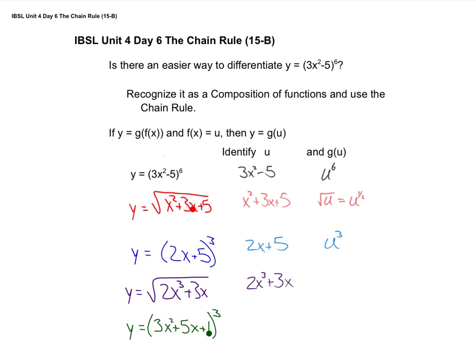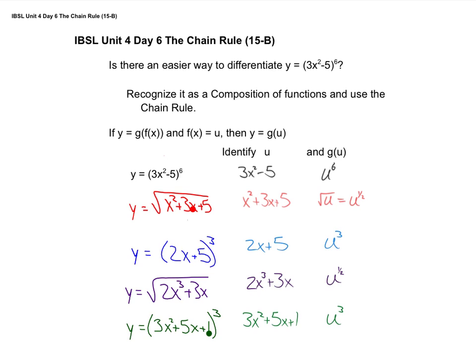And our g of u? U to the 1/2, square root of u. Good. And then we have this one in green: 3x squared plus 5x plus 1, to the third power. So what's u? 3x squared plus 5x plus 1. And g of u? U cubed.